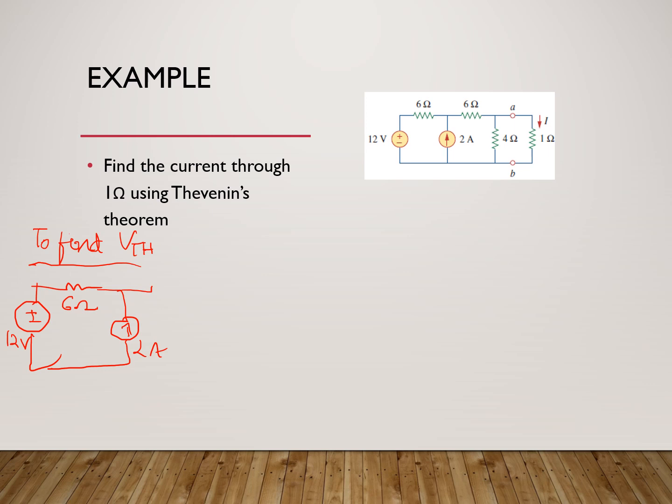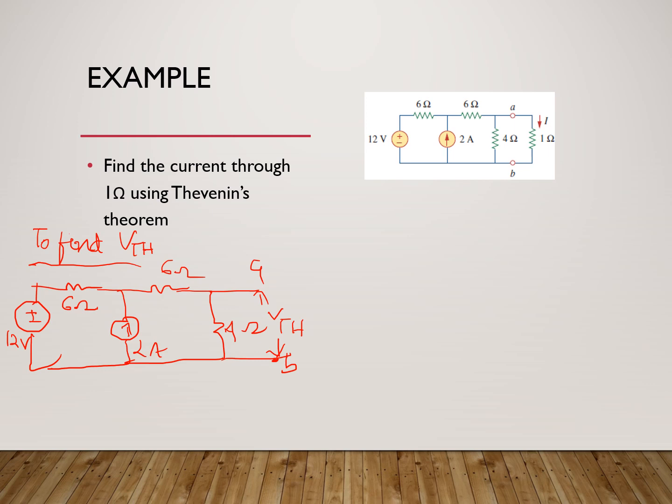There is a 6 ohm resistance, and the remaining is the 4 ohm resistance. Now we have open circuited the load terminals, which means the 1 ohm is removed. So these are the terminals A and B, right? So this is the voltage VTH we have to find out at the open circuited load terminals. So what is VTH?